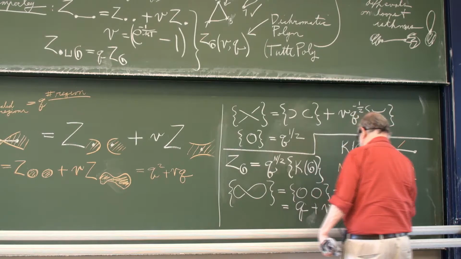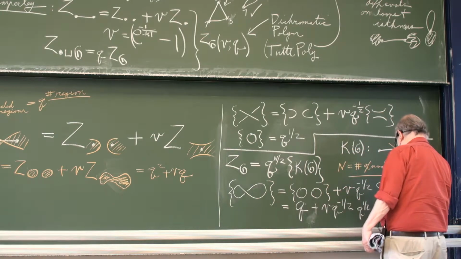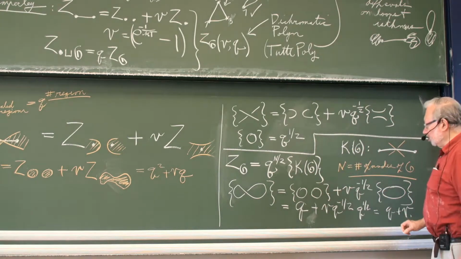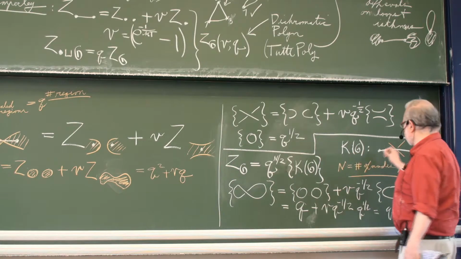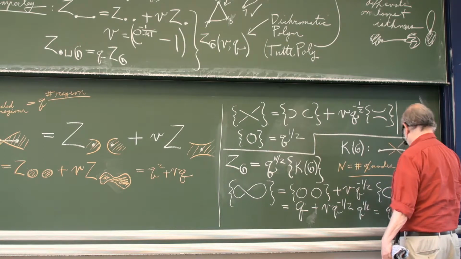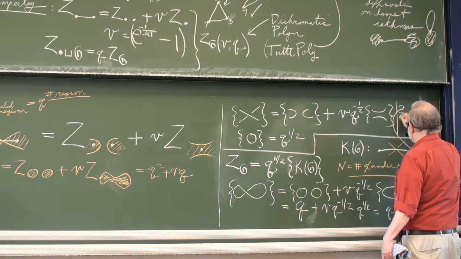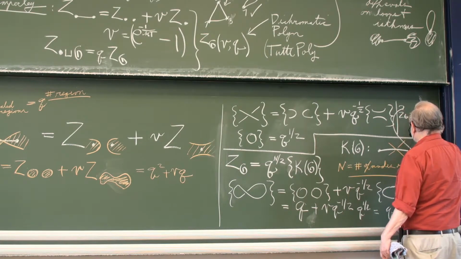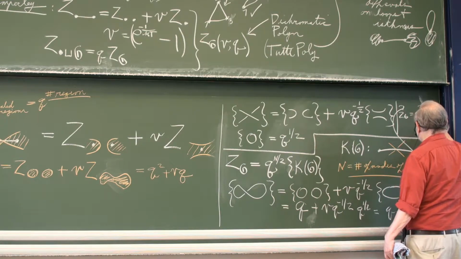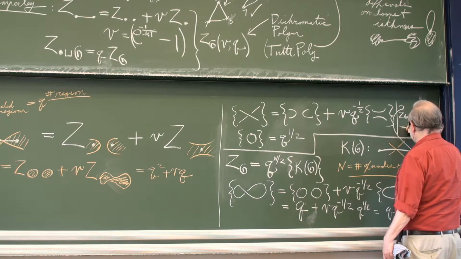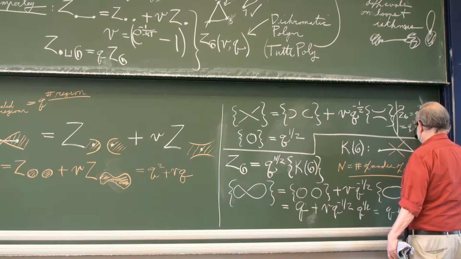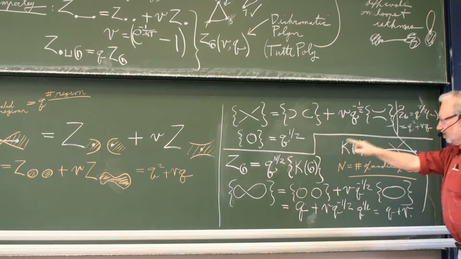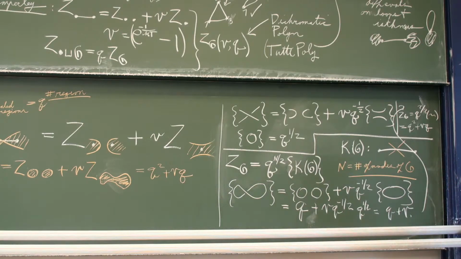So that's equal to q plus v. That's not the answer, but I told you it was q to the n over 2. So the Z_G coming up from here is q to the 2 over 2 times the thing below, and that's q times the thing below, which is q squared plus vq, which is what we got over there. So maybe you begin to believe this formula.